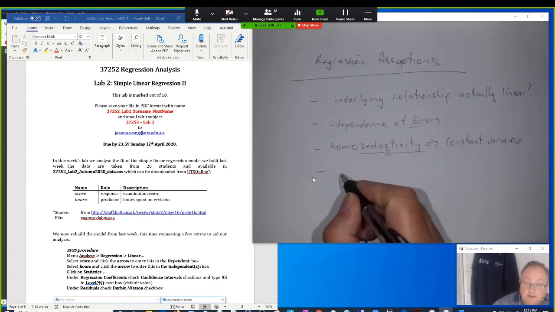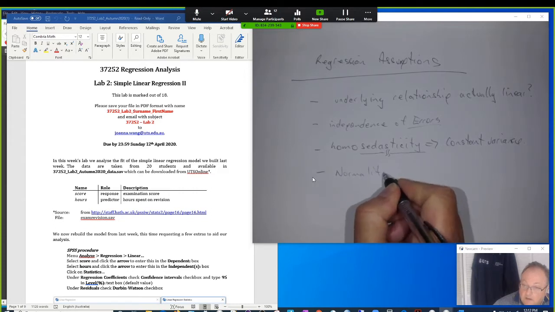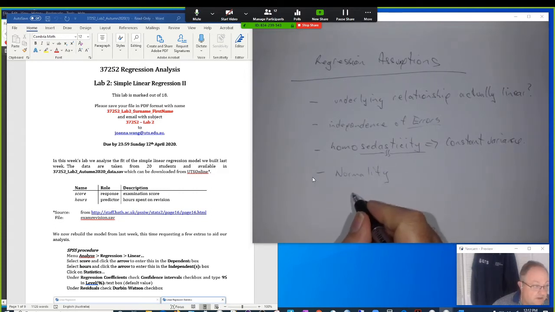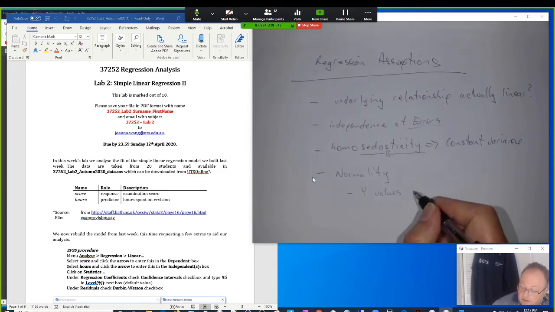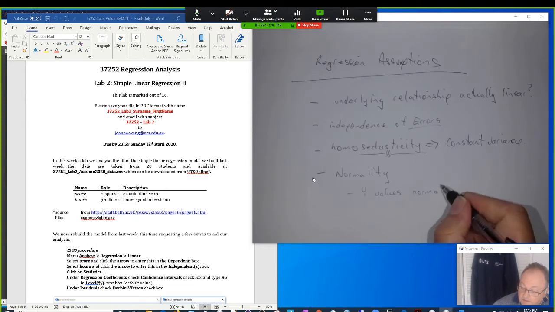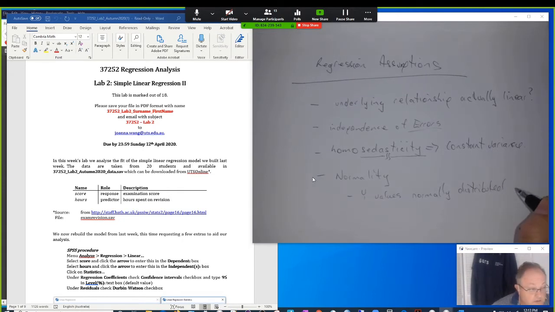So the next thing, of course, is normality. In summary, I think this is what came out of your lecture. Y values are normally distributed for each x.